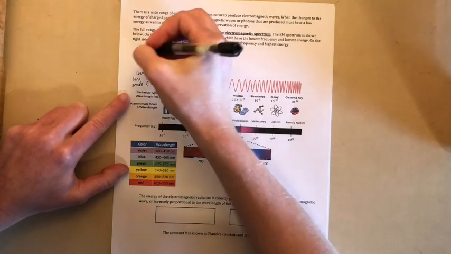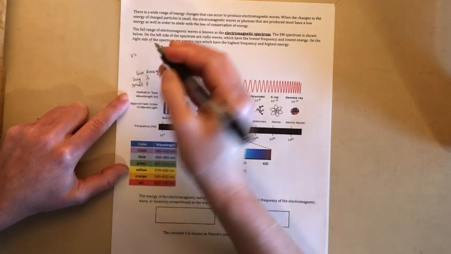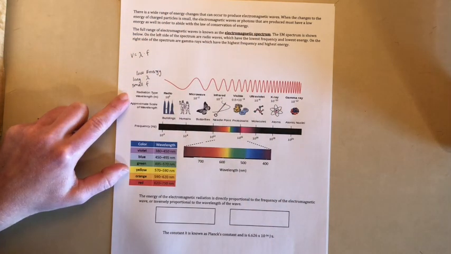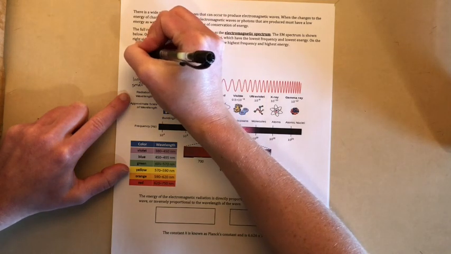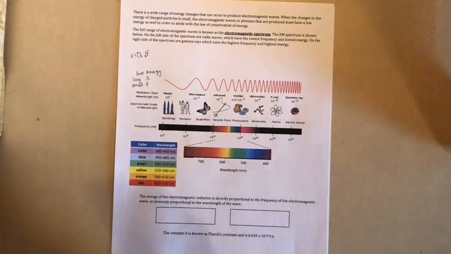And remember that all of them are moving at the speed of light, v, and that's connected to the wavelength times the frequency. So if we have a large wavelength here, it means that we have to have a small frequency of those waves to have the same speed.